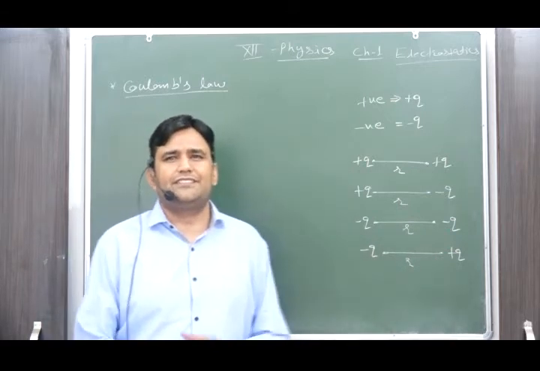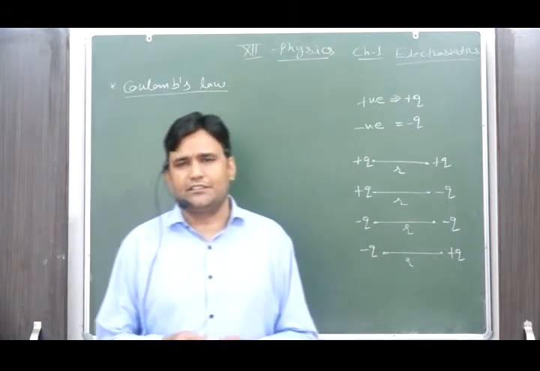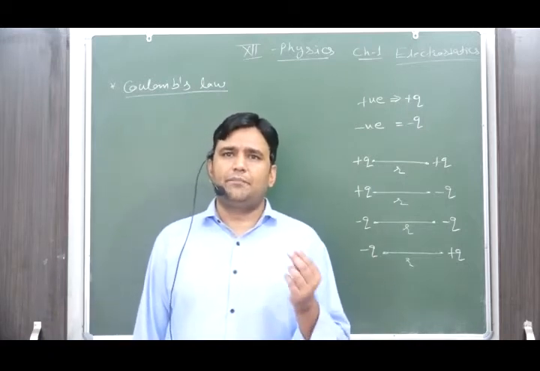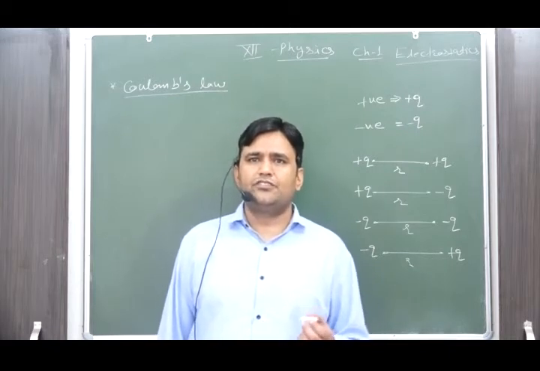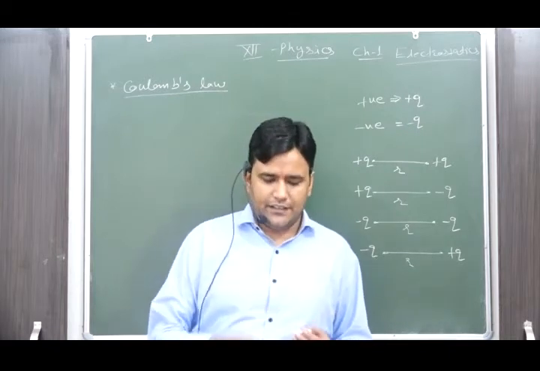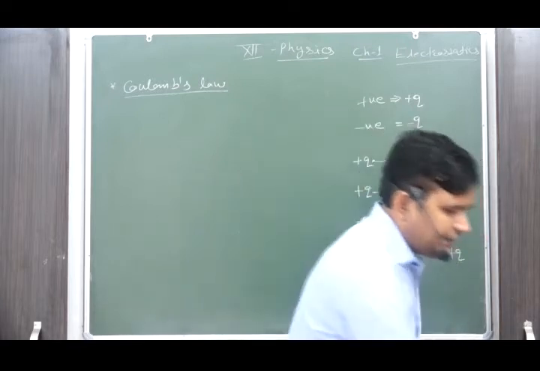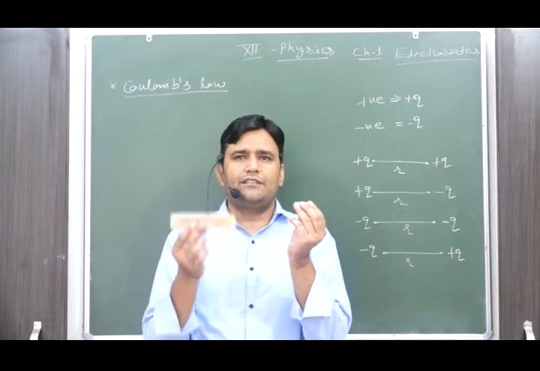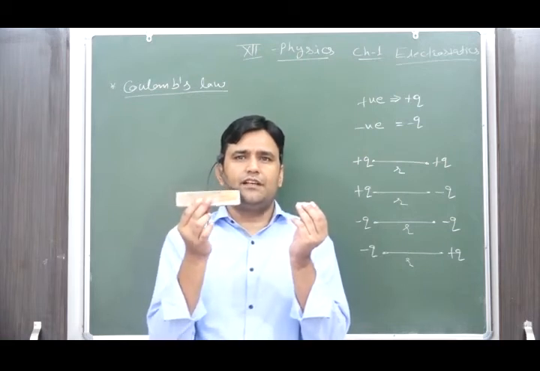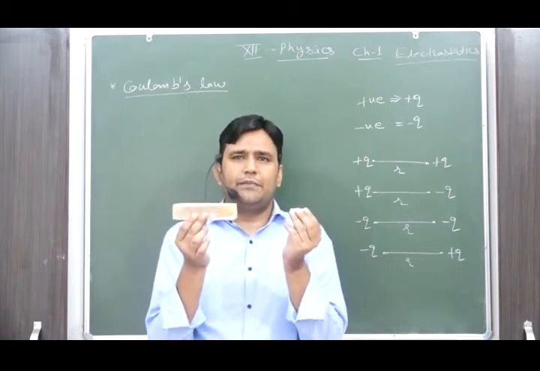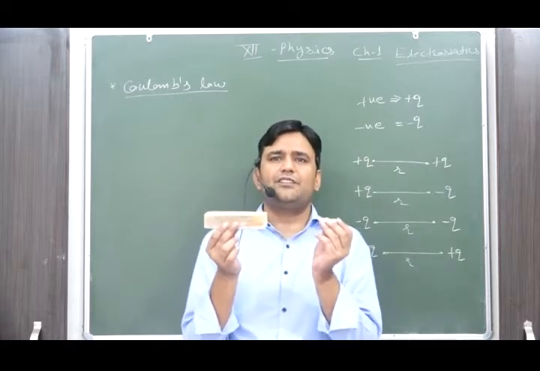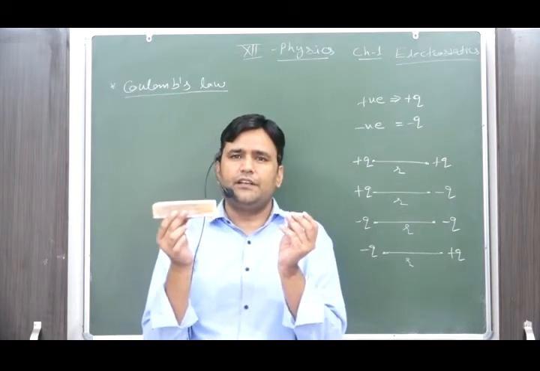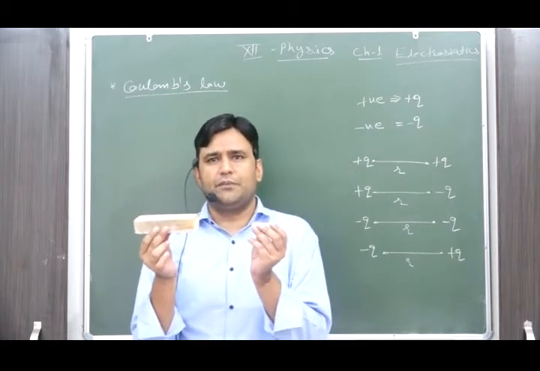Here we are considering the formulation when a charge is placed at a particular point and another charge is placed at a particular distance. As per the nature of both the charges, they feel a force in terms of attraction or repulsion.